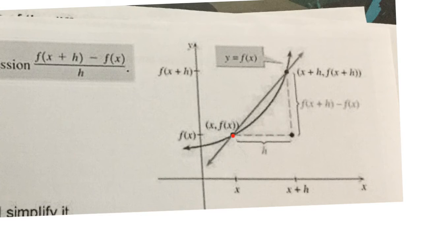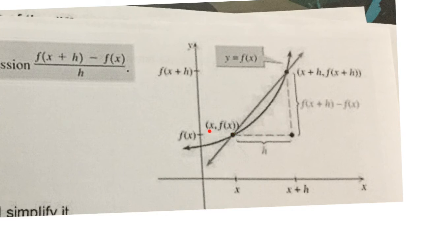I had just any generic point, x1, y1, and I had another point I called x2, y2, and then we used the Pythagorean theorem to find the distance between them.